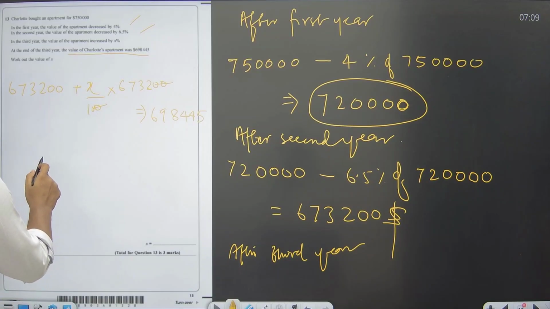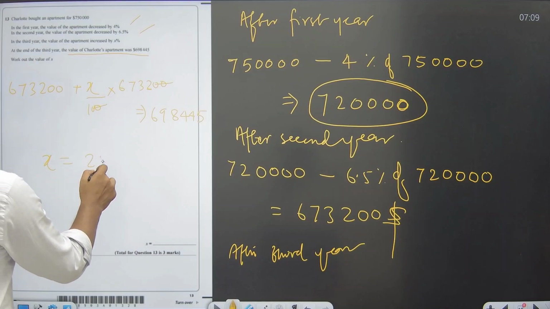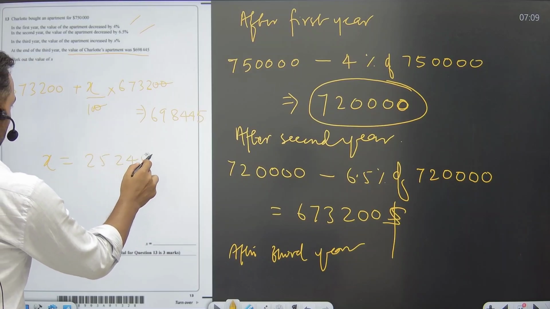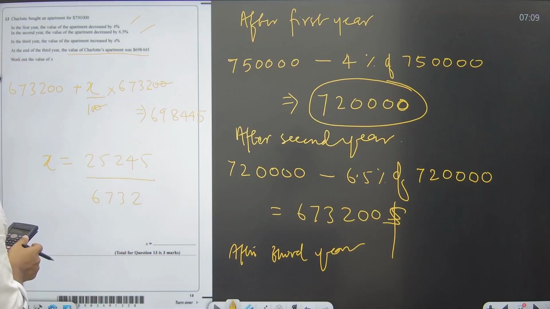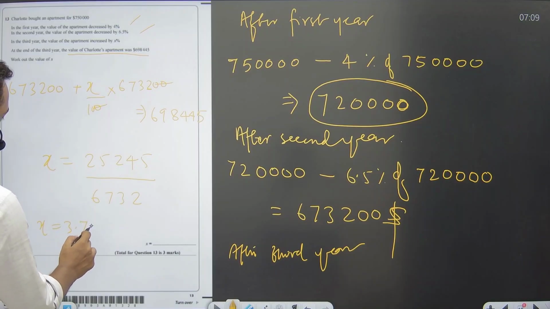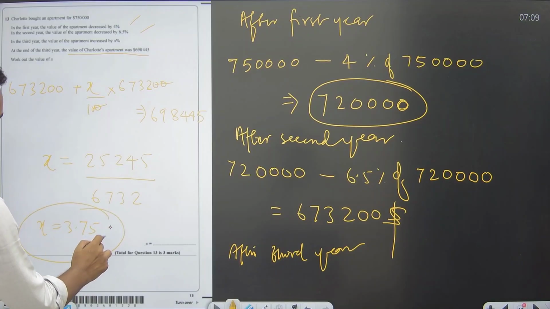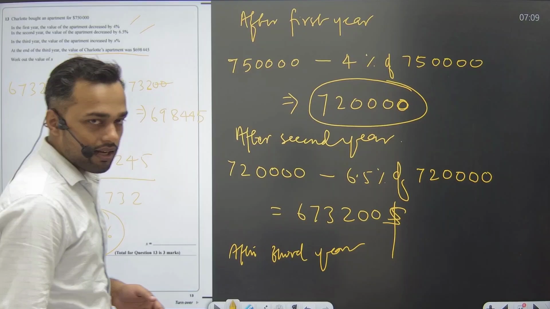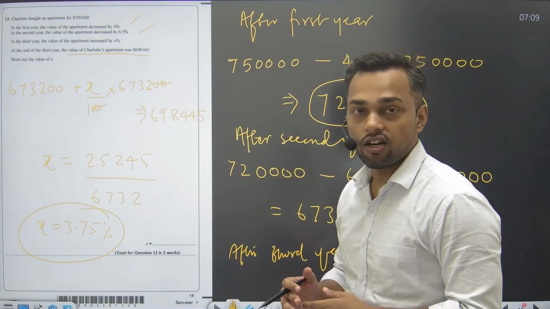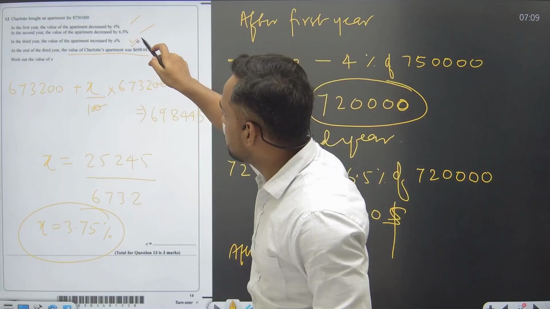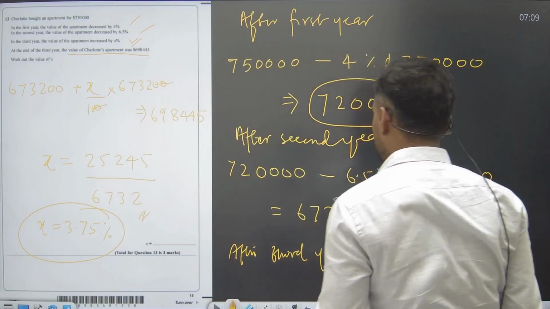So the value of X will be 25245 upon 673,2, that will be equal to 3.75. Okay, so by this much percent, students, the value of the apartment was increased in the third year. So this they were asking for, this is the value, 3.75.